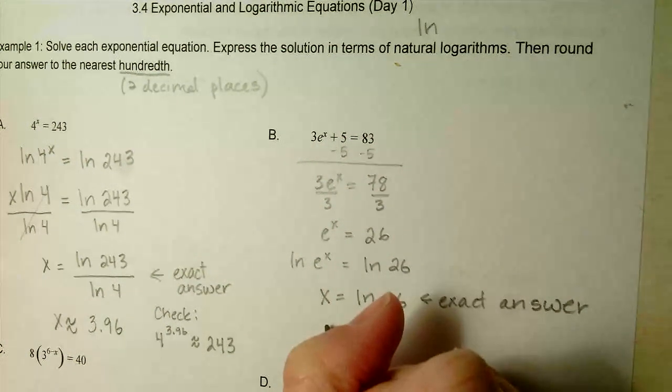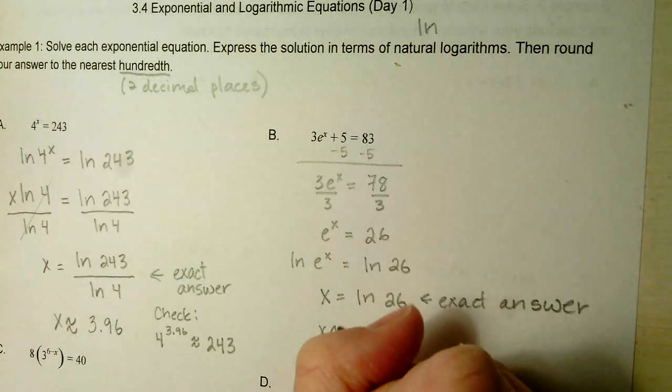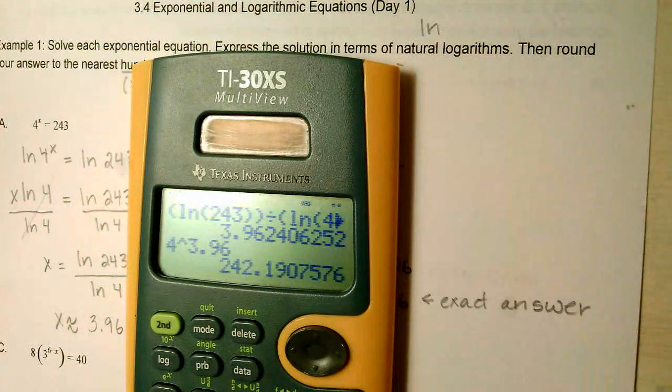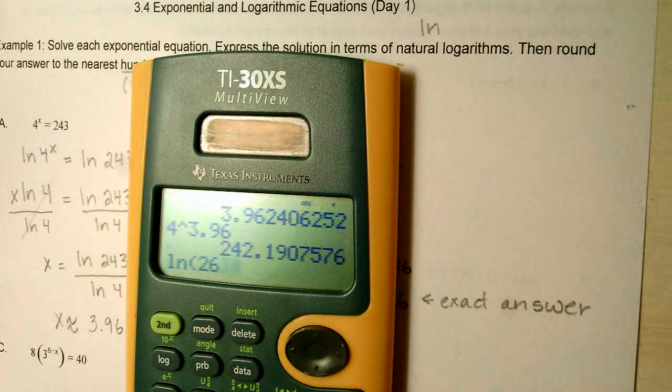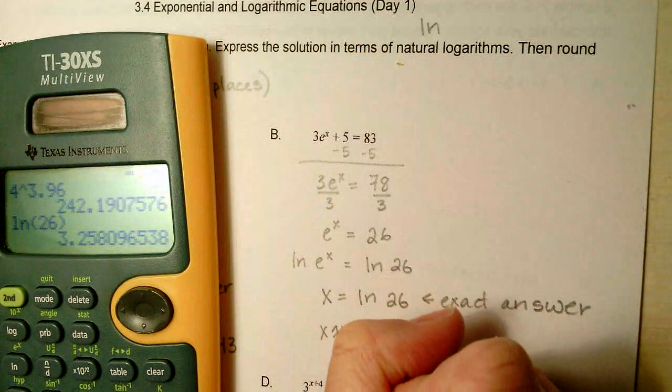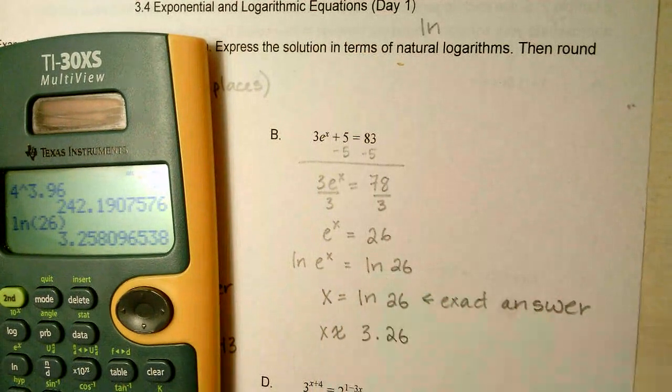And if I want to find my rounded answer, I use my calculator. The natural log of 26 is going to be about 3.26.